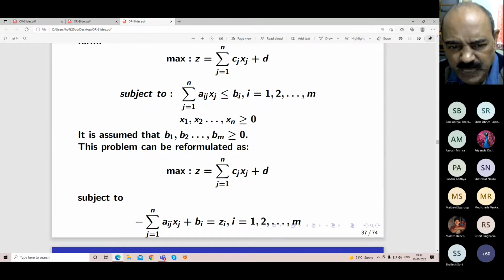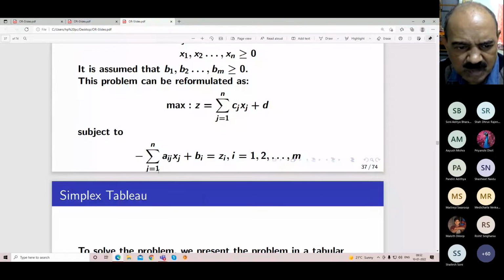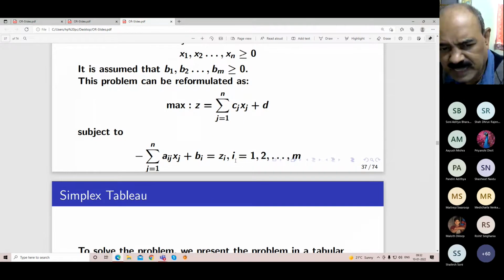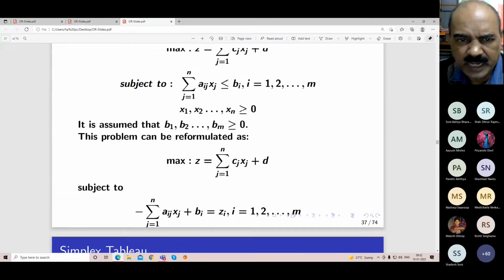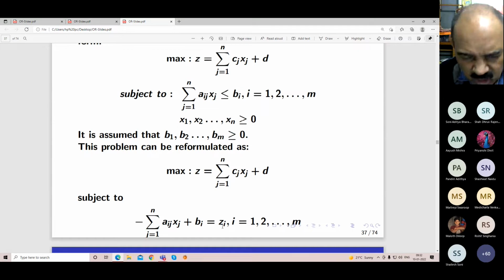So the summation over j varies from 1 to n of aij xj, plus zi, equals bi. You take the minus sign to the right hand side, so that it is plus zi equal to bi. I have only rearranged this. So our slack variable is nothing but our zi.